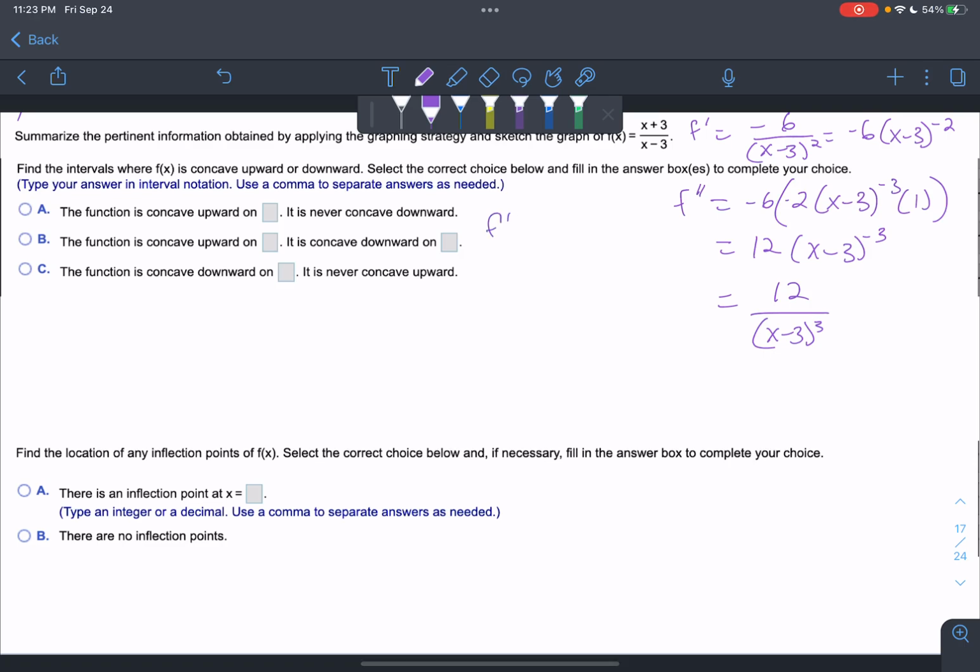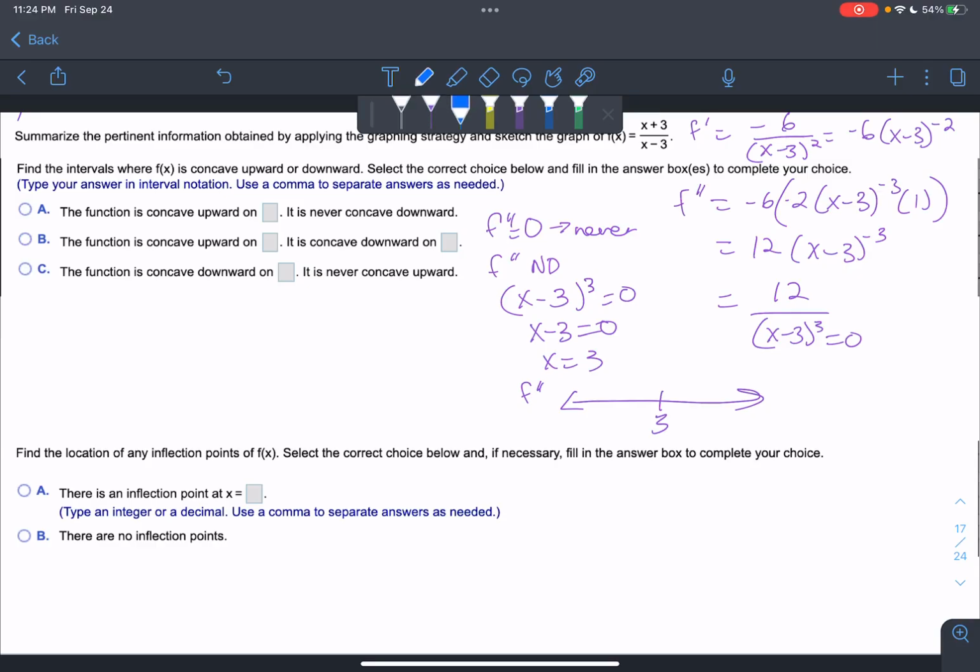So let's find, f double prime is never going to be 0, right? Never. F double prime is not defined, though, when x minus 3 cubed is equal to 0, when my denominator is equal to 0. And so this is when x equals 3. So if we do a sign chart of f double prime, now we can test 0 and 4 again, but now for f double prime.